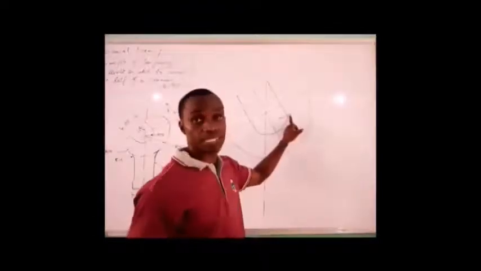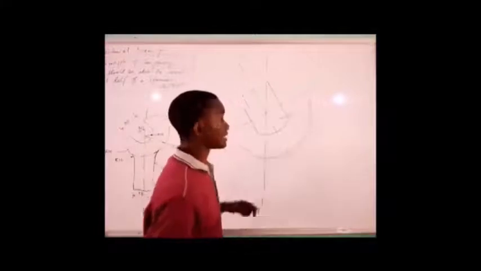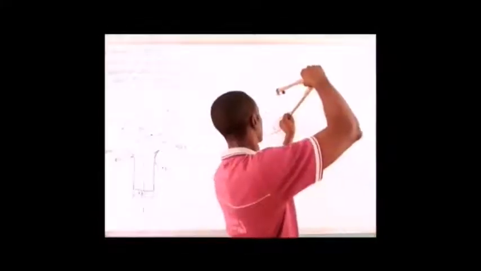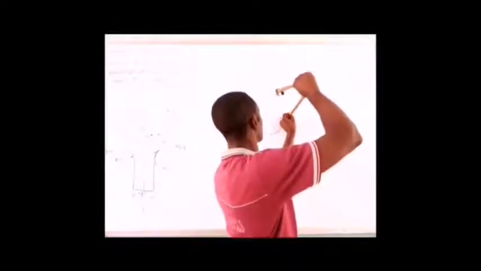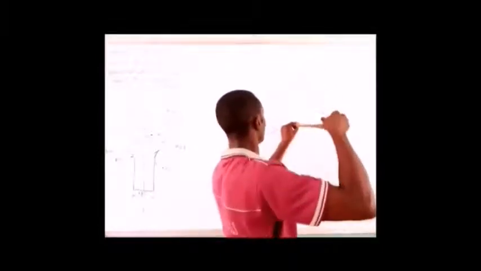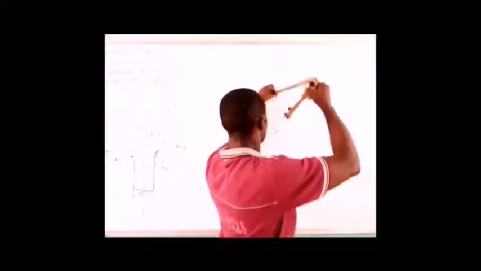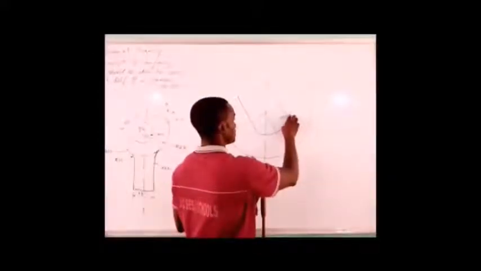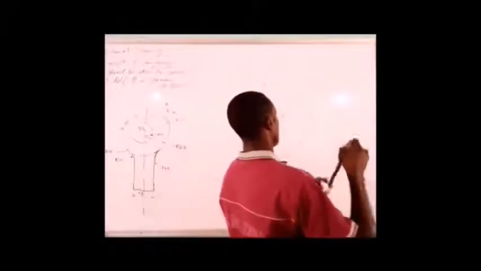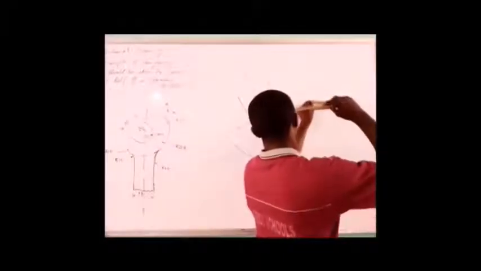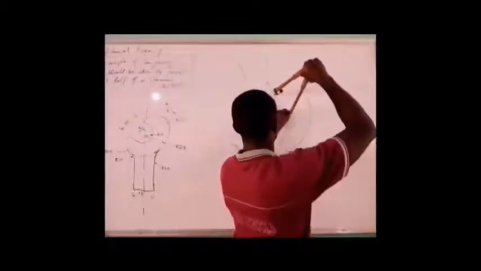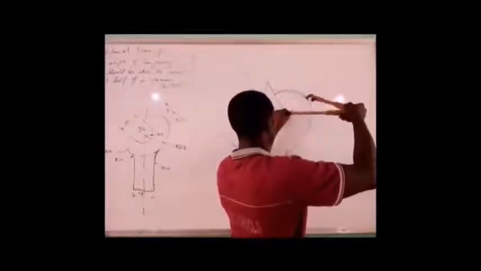This is the place now I'm going to use to draw this form and see what I will get. Having placed it like this, I can now take this particular one. Let me see what I will get.